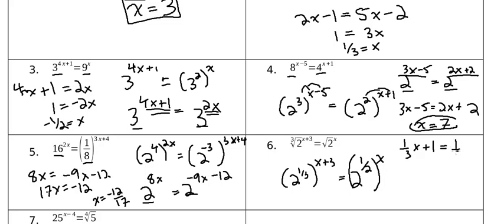Now I don't like these fractions here, so I'm going to make my life easy. The LCD here is 6 between 2 and 3, so I'm going to multiply everything by 6. 6 times 1/3 is 2x. 1 times 6 is 6. 1/2 times 6 is 3x. And now I'm going to subtract 2x from both sides. And I get x equals 6.